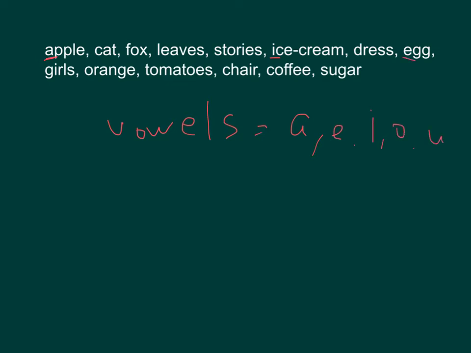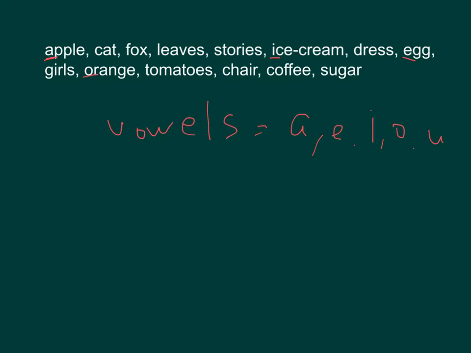Egg, orange, something like this. Okay? So what you need to do is to put the above nouns into a correct category.